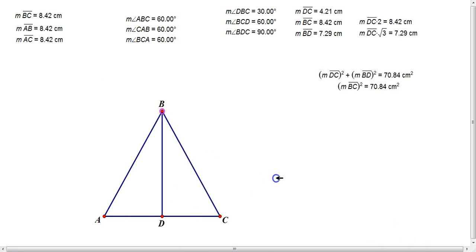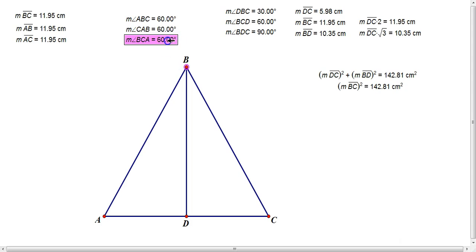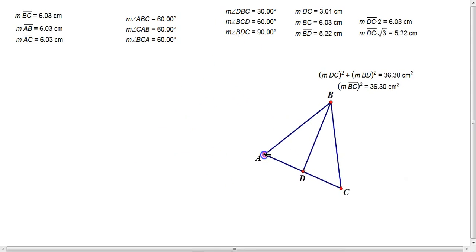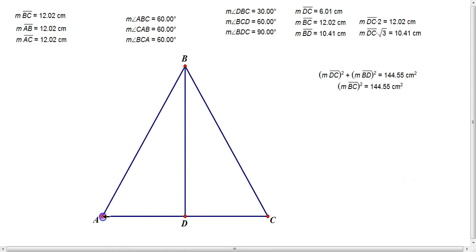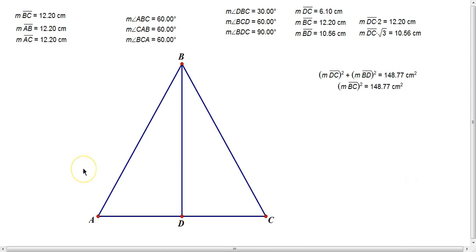I can make it bigger, still 60-degree angles, still three side lengths that are the same. I can move it way over here, still 60-degree angles, still three side lengths that are the same. So in any event, this is an equilateral triangle no matter how I manipulate it moving forward.